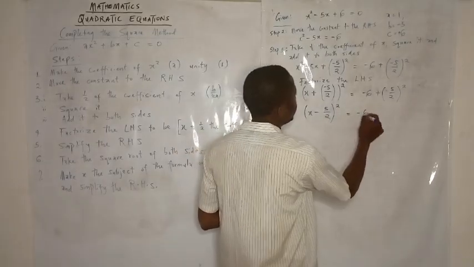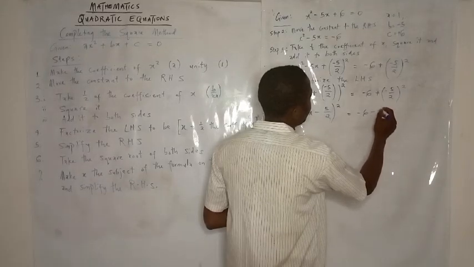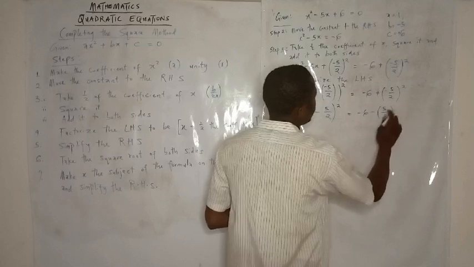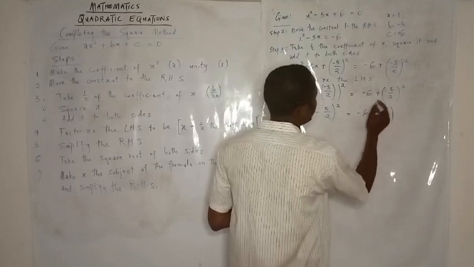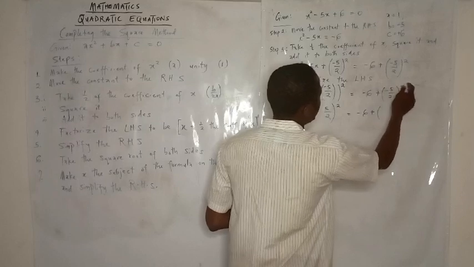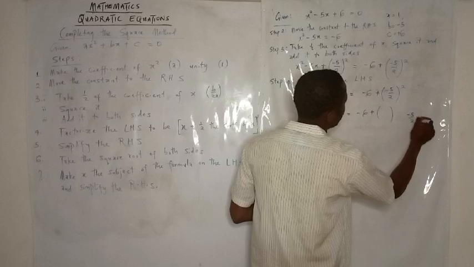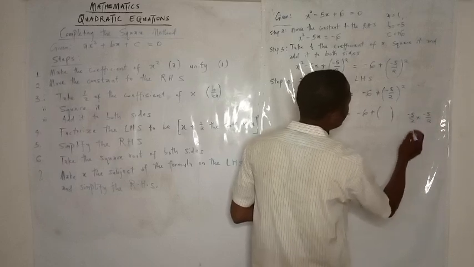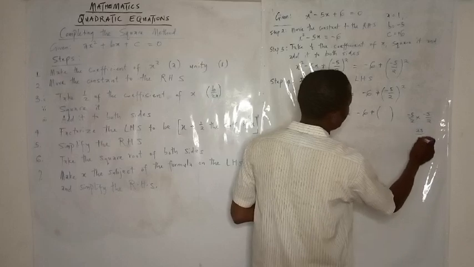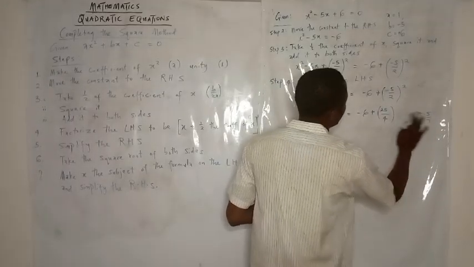On the right, this will give us minus 6, plus minus 5 over 2 squared, which is minus 5 over 2 times minus 5 over 2. Minus 5 times minus 5 gives us 25, and 2 times 2 gives us 4. So we'll have 25 over 4 on the right hand side.